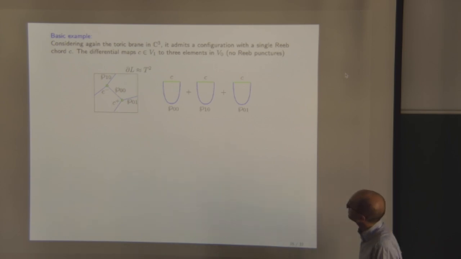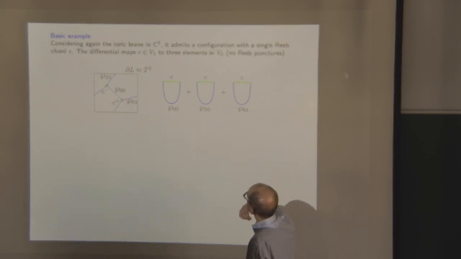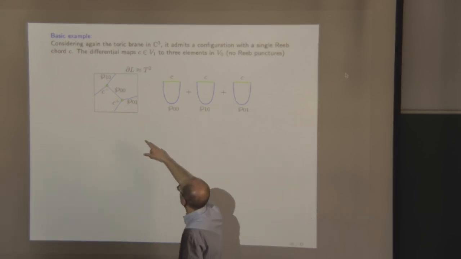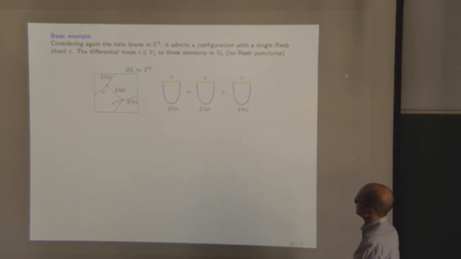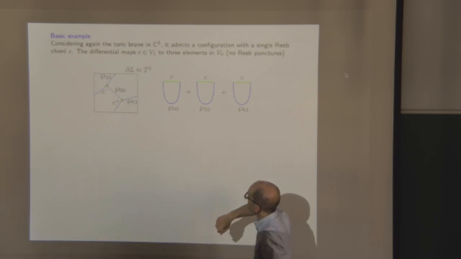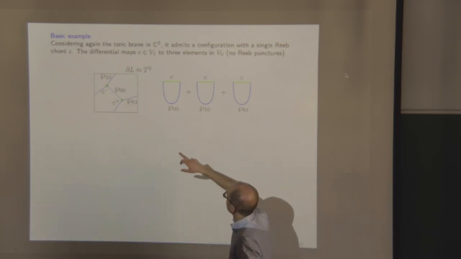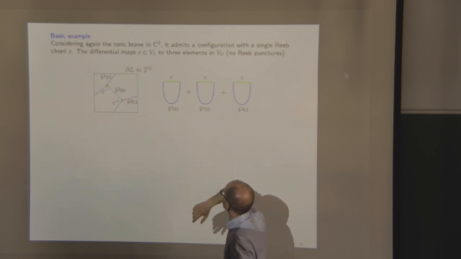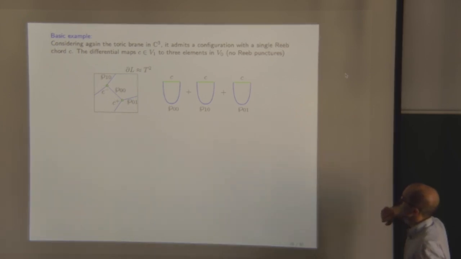So to give you an example, the simplest one is, once again, this case with three holomorphic disks, also known as the toric brane in C3. In this case, this square represents the boundary torus of the Lagrangian. There is a unique Reeb chord with endpoints C plus and C minus on the Legendrian torus. And these blue lines represent the three holomorphic disks that asymptote to that Reeb chord.